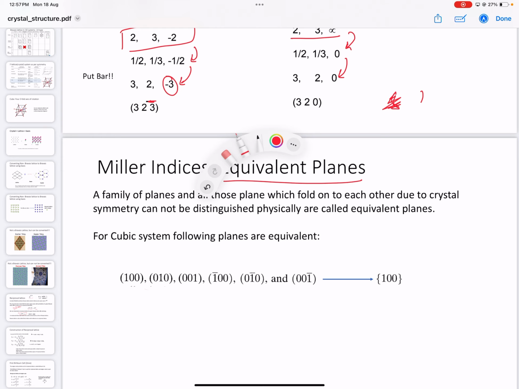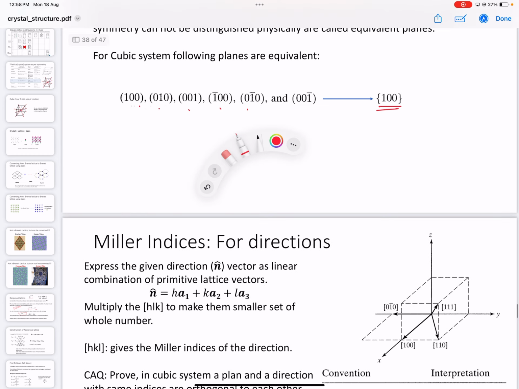But for the cubic system, most semiconductor devices are cubic. So we just know these are the sets. Let us say {1, 0, 0} has 1, 2, 3, 4, 5, 6 equivalent planes. So you put a curly bracket to show that 1, 0, 0 has many equivalent planes, and these are the 6 equivalent planes. So that's it.